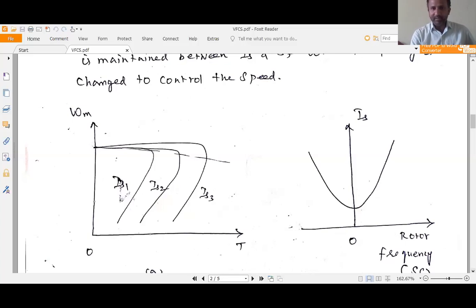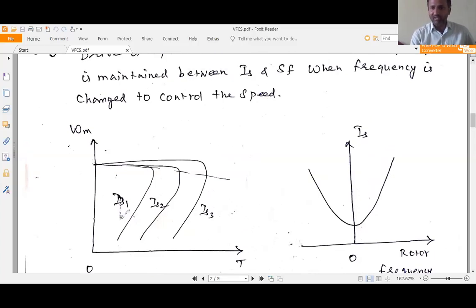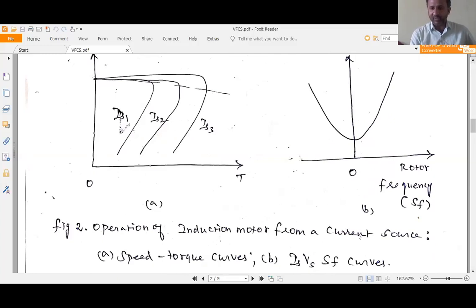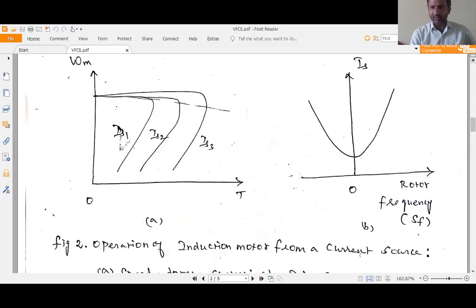The parameters which affect the speed of the induction motor depend upon the value of Is, because the value of Im square is equal to Is square into some value, which we discussed earlier as equation number 3. By controlling the frequency and the value of Im, we can control the speed of the induction motor by providing variable frequency and current source.